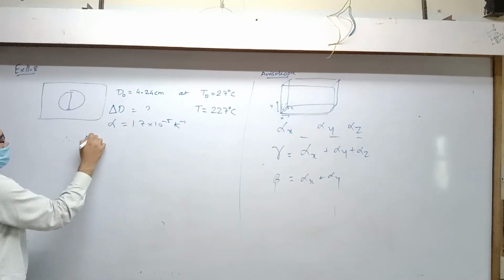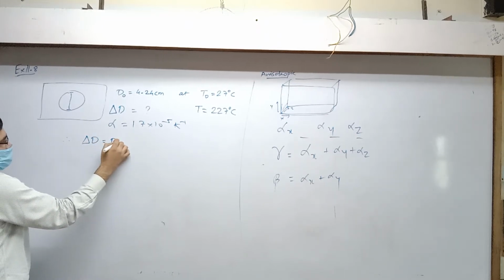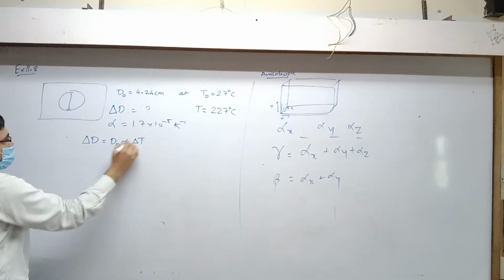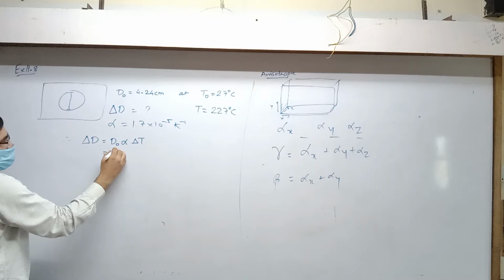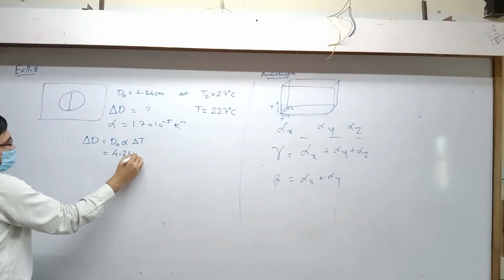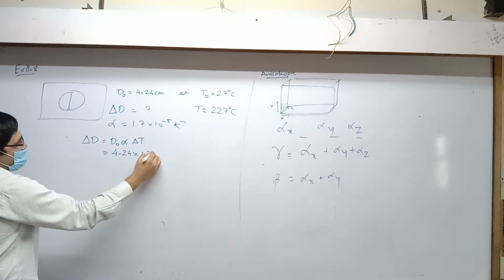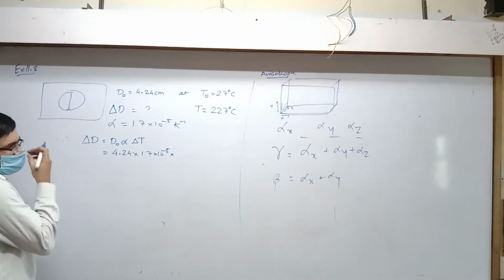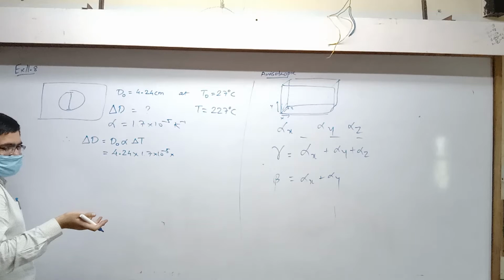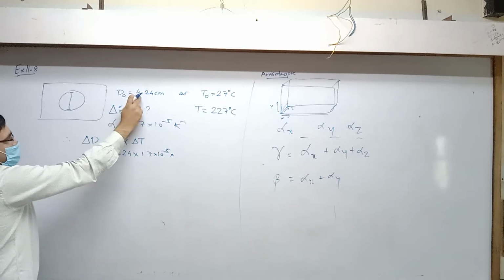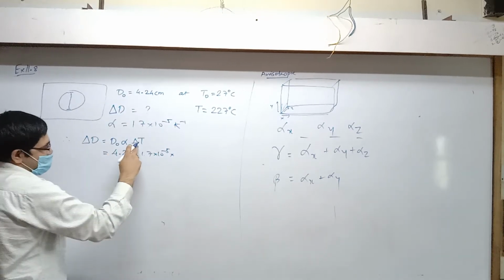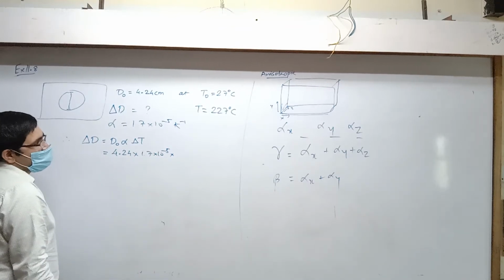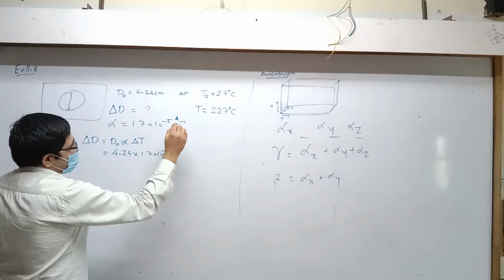So delta D equals D0 alpha delta T. D0 is 4.24 and alpha is 1.7 into 10 raised to -5. The answer will be in centimeter, right? Because D0 is in centimeter, this answer will be in centimeter. And delta T, how much is delta T? 200. Just a simple question.